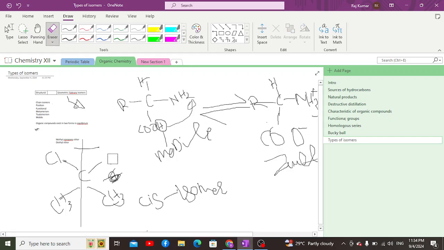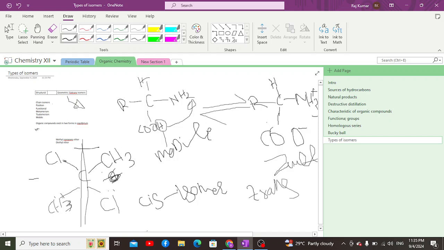Instead, in the trans isomer, what we actually have is that the two groups exist on opposite positions, such that chlorine exists on the other side of the diagonal and CH3 exists on the other side of the diagonal, which will cause it not to form a symmetry, which means if we divide it vertically or horizontally, we are unable to see a symmetry in its structure, and when there is no symmetry, it is known as a trans isomer.